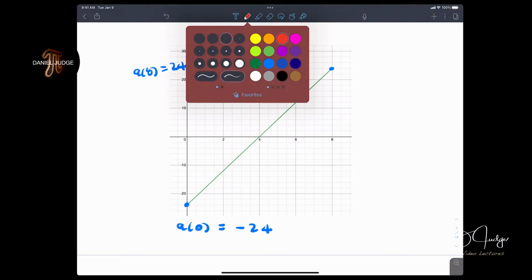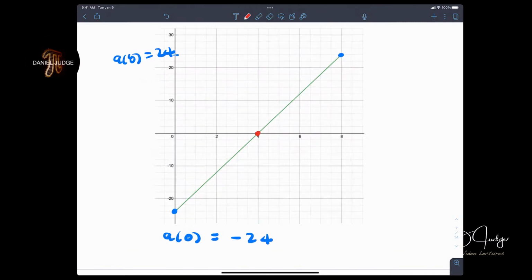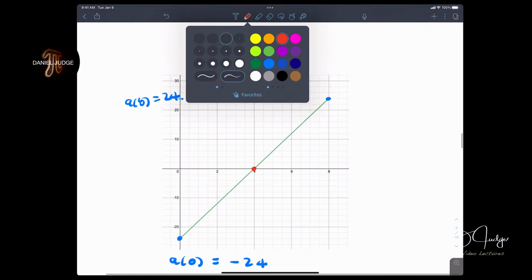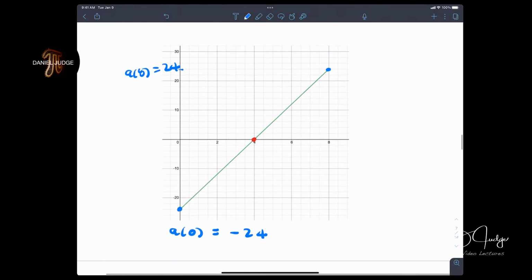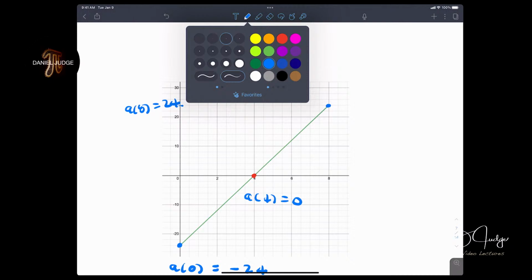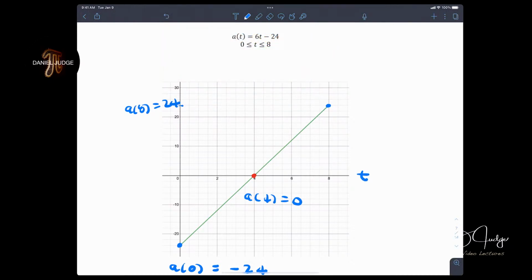And then notice again, right in this middle here, at 4, what that'll mean is simply that a of 4 equals 0. Acceleration at 4 seconds is 0. And that's just looking at your acceleration curve, which happens to be a line. And it's a line segment because it's over the time interval of 0 to 8. So here's t, a-axis. It's a of t.